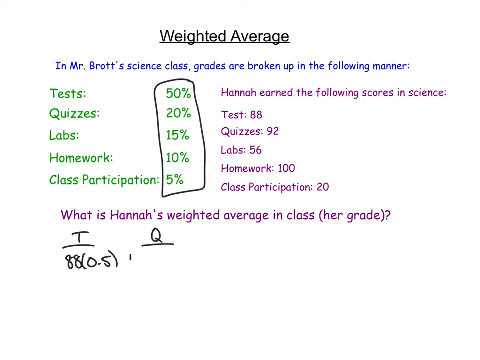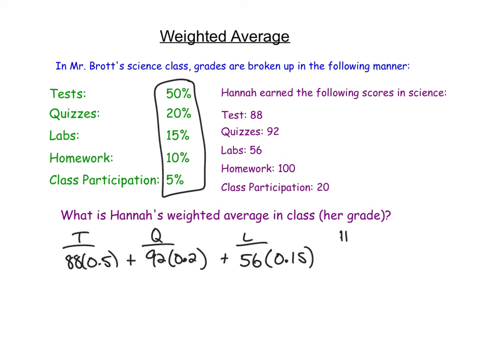For the quizzes, it's going to be 92. So Hannah's a good test and quiz taker, it looks like, times 20%, which is 0.2. For the labs, it's going to be, ooh, the labs didn't go so well. That was 56, but it's only 15% of her grade, so it'd be 0.15.